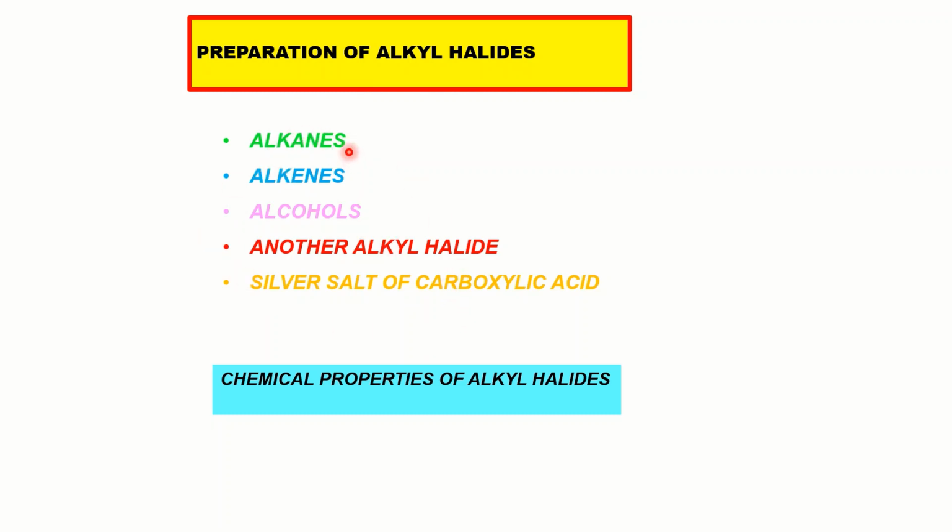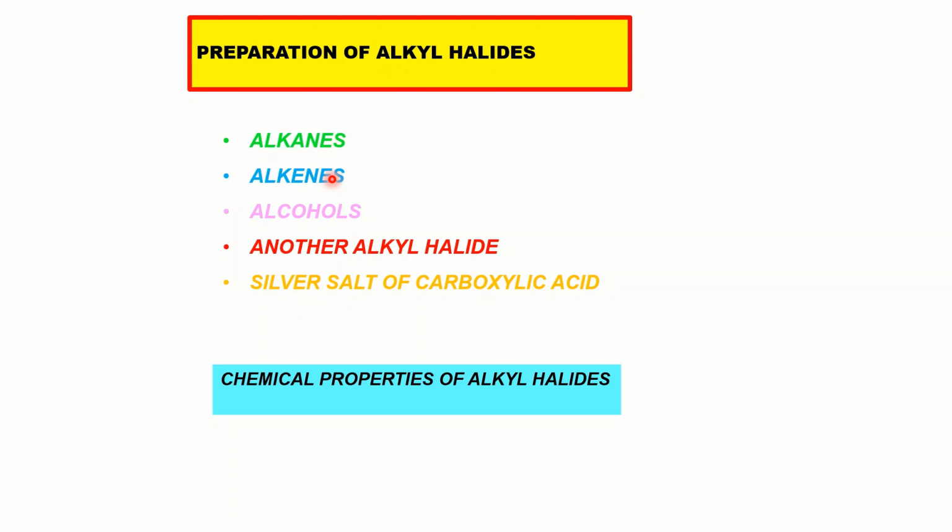The first one is the preparation of alkyl halides from alkanes. We have prepared alkyl halides from alkanes by direct halogenation, which is an example of free radical substitution. We have prepared alkyl halides from alkenes by addition reactions.